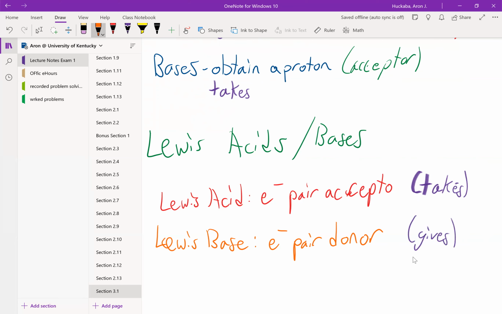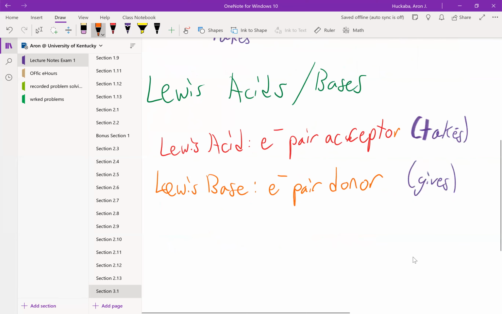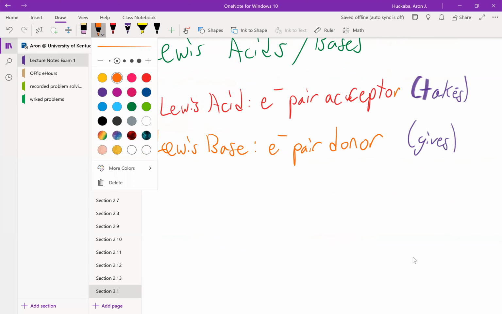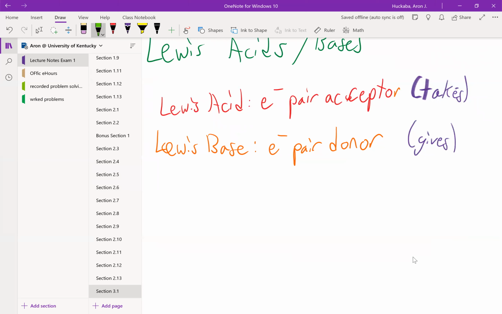Okay, so this could be shown really easily by the following reaction, where you have maybe some kind of phosphorus.